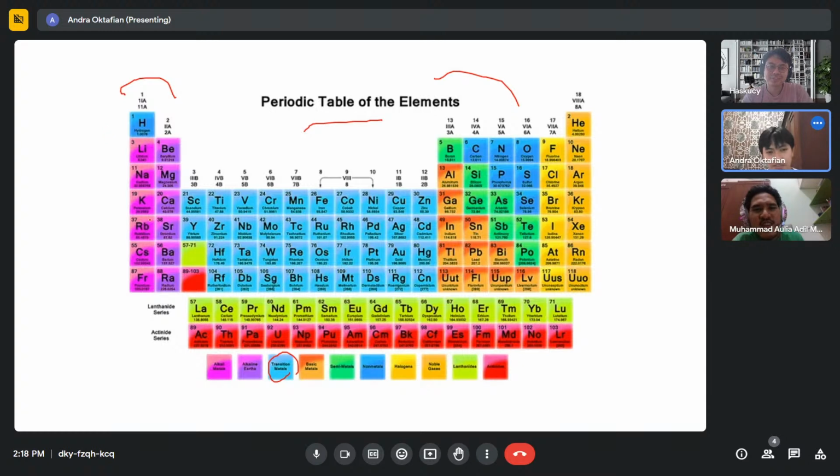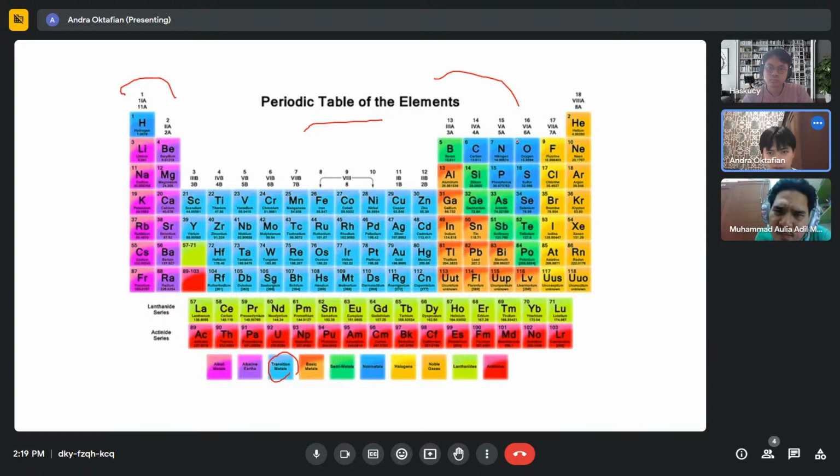You see, it's the alkali metal. In 2A, there is alkaline earth. I could say that it's also metal too. And in the groups 3A, 4A, 5A, 6A, 7A, no, not 7A.